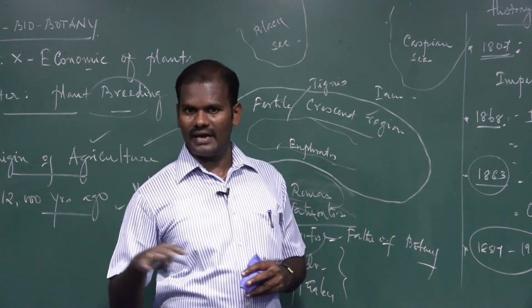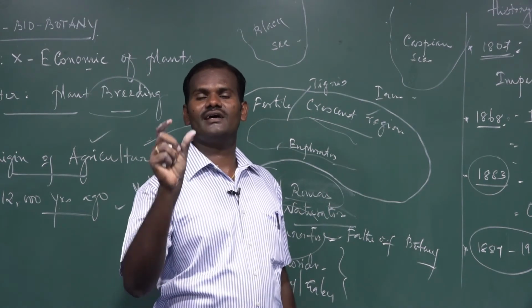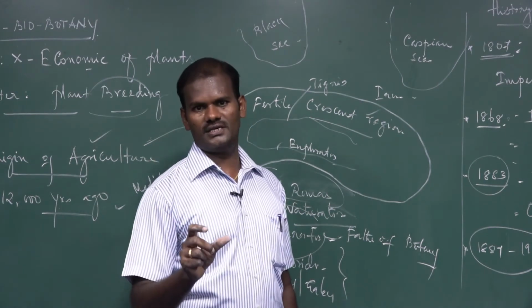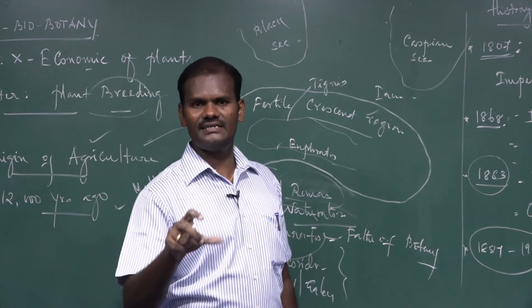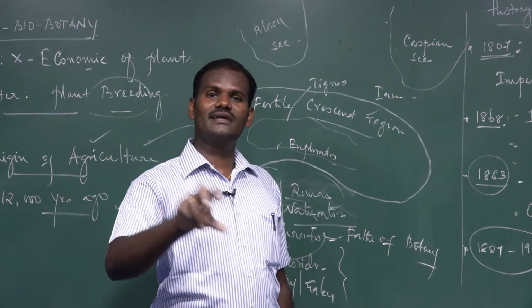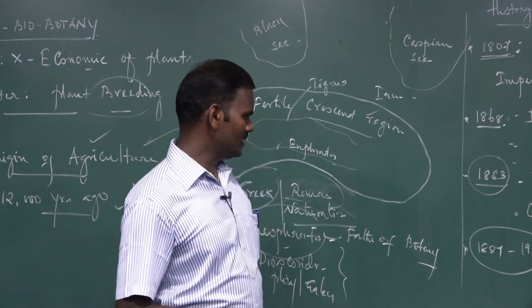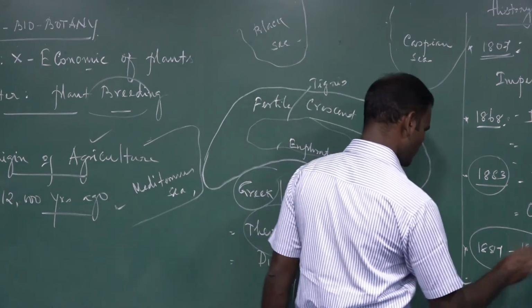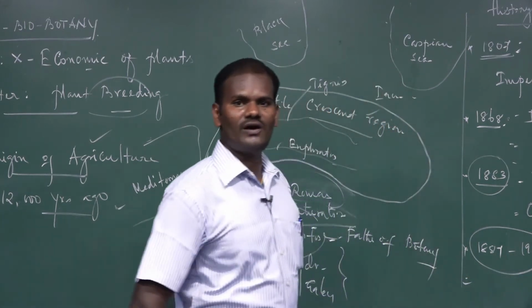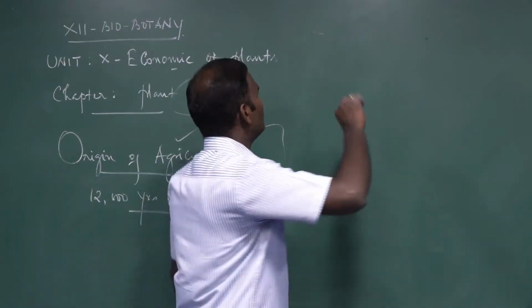Based on these categories, he identified the centers of diversity of plant species. What is called a center? It is a place where the crop plants originated. That is called a center. So initially he gave 8 centers for origin and cultivation of plant species.